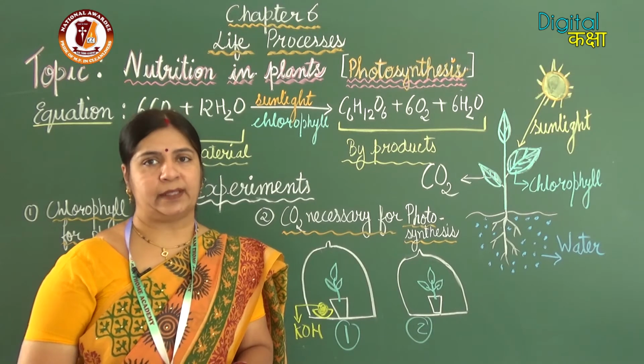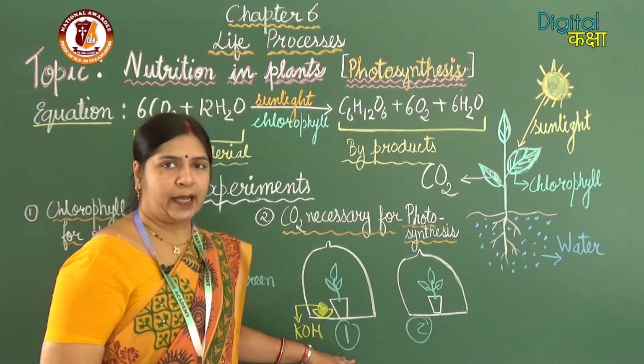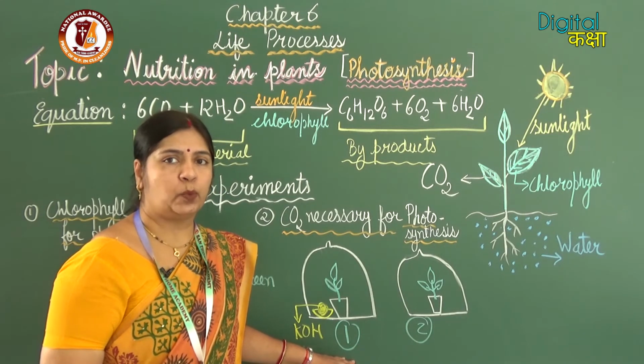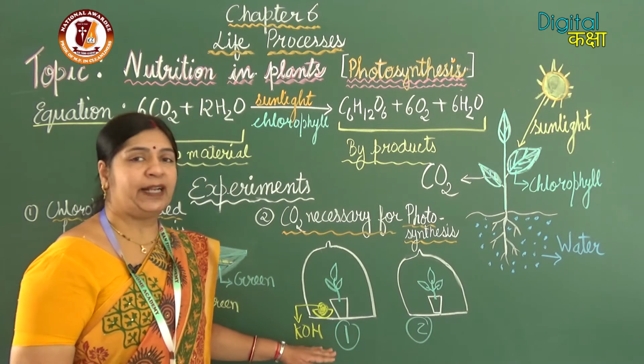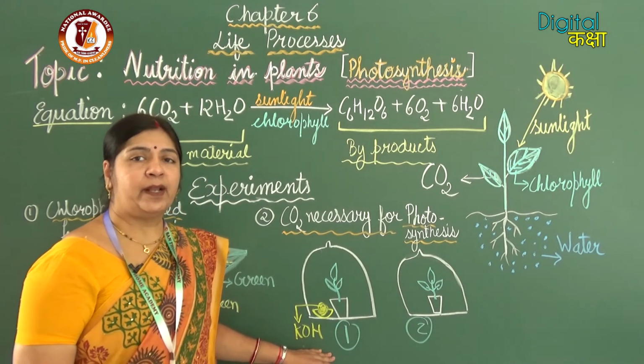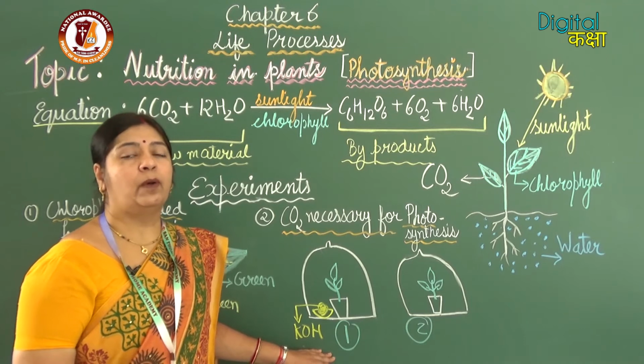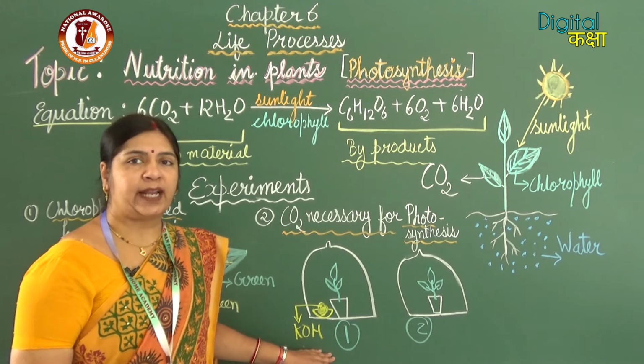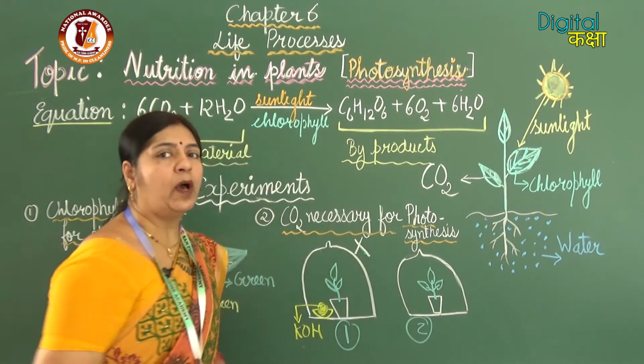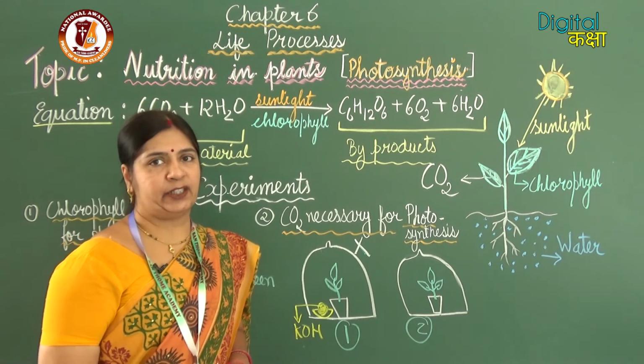We will observe that leaf number 1, that is the leaf from plant 1, where the KOH is present, will not show any color change.